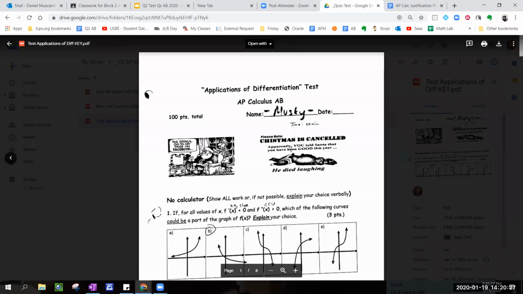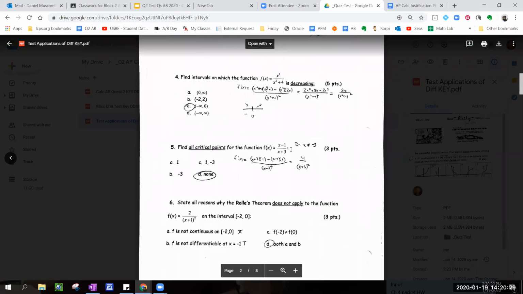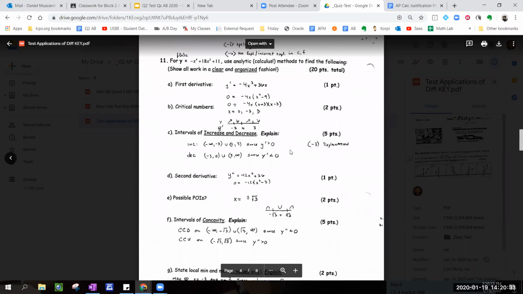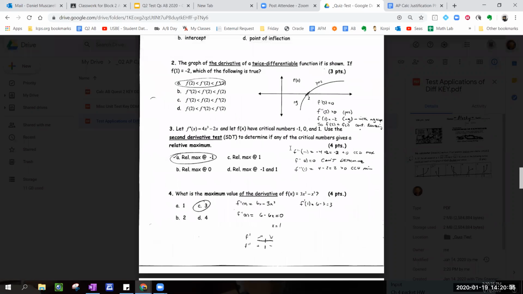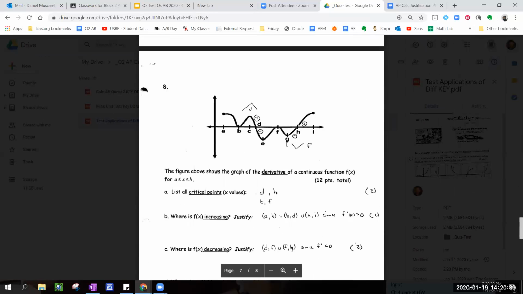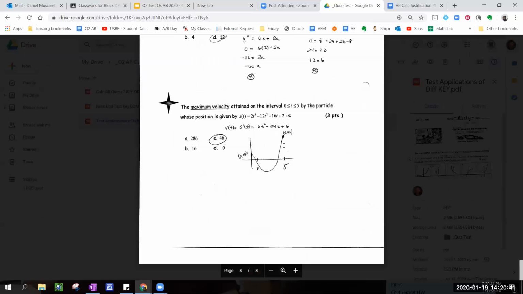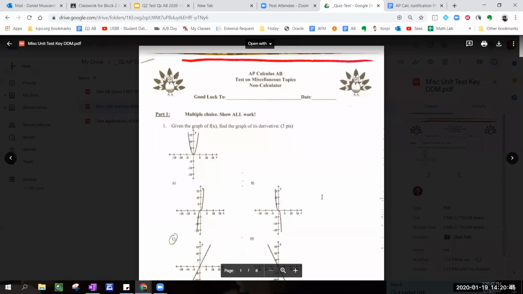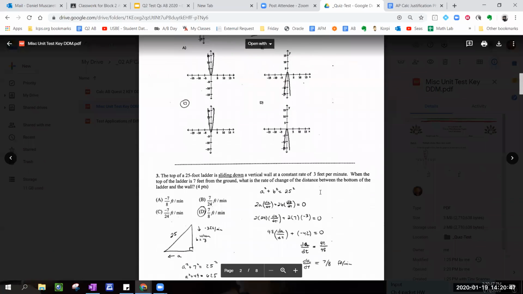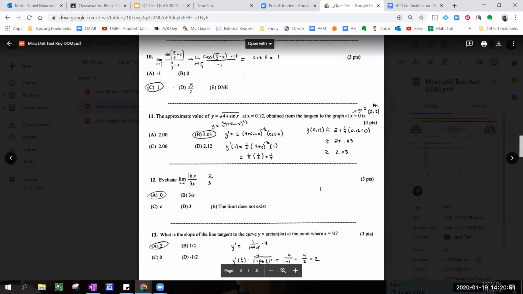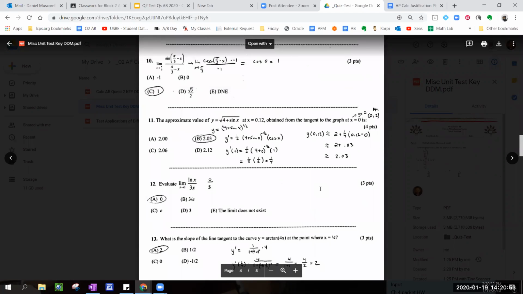Applications, was it on this one? Then we do the linearization, critical points, continuous function. Linearization, no. Nope, not that one. All right, so miscellaneous unit. I think it was in there. So it's negative, inverse functions. Oh yeah, so let's take a look at this one right here.